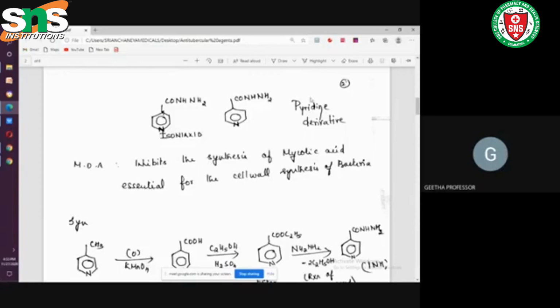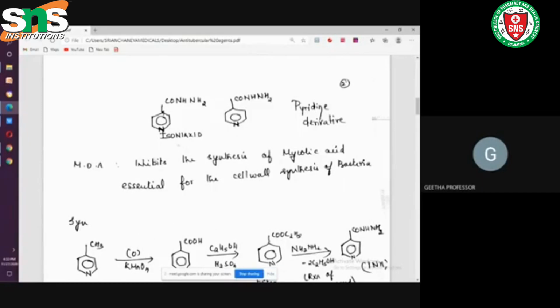That's why, in the treatment of pulmonary tuberculosis, we go for combination, multi-regimen, multi-dose. That way we are preventing multi-drug resistance.